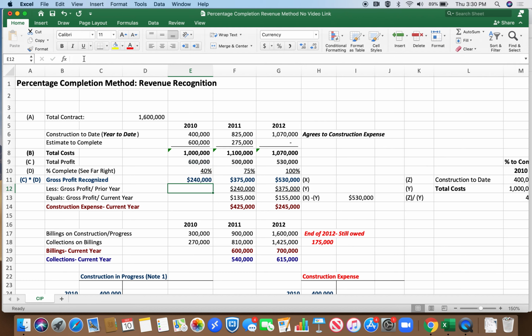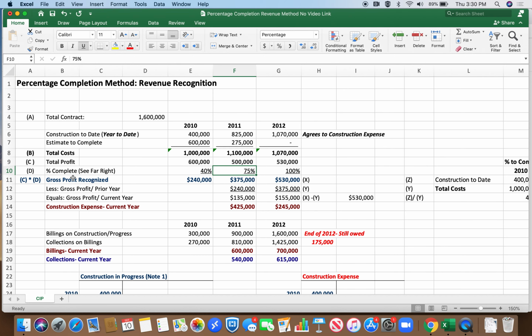So 240,000. Next year, 825 construction to date, estimated cost to complete 275. Now you'll notice that the total cost is now up to $1.1 million. Still billing $1.6 million. That means that our profit is down to $500,000.